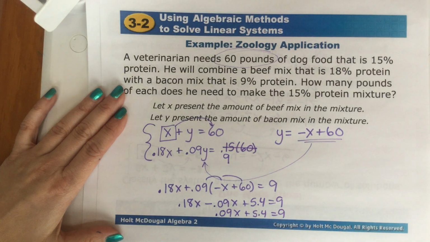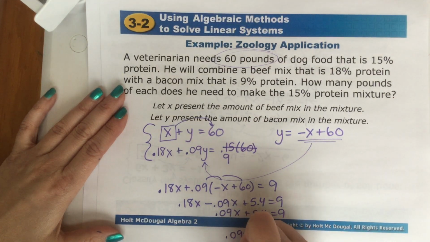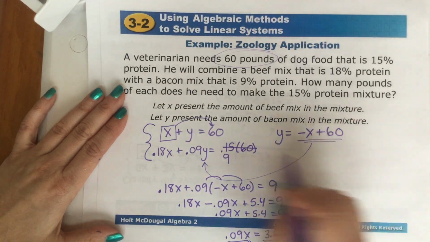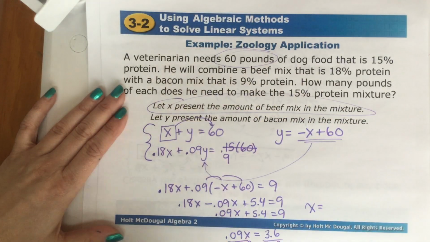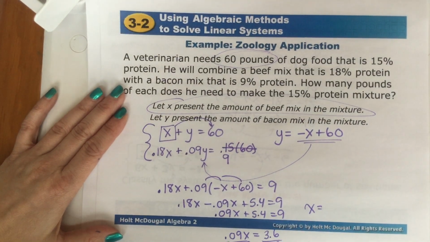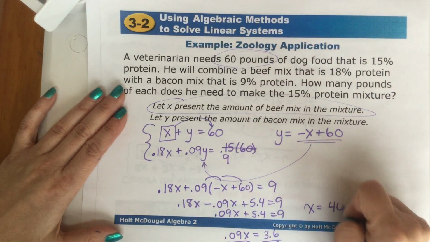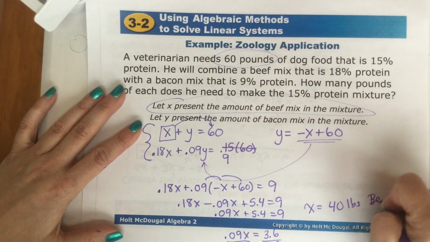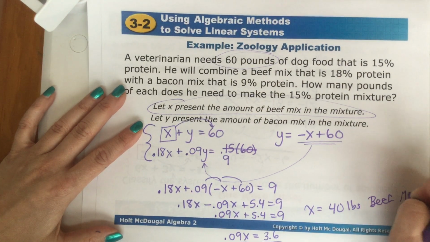If I go to solve, I minus 5.4 from each side. So 0.09X equals 9 minus 5.4, which is 3.6. Divide each side by 0.09, and X, which represents the amount of pounds of the beef mixture, 3.6 divided by 0.09 is 40 pounds. X is the beef mixture, so 40 pounds of the beef mix.